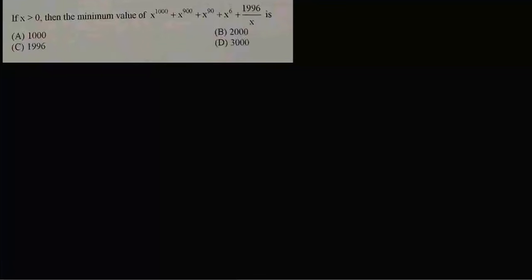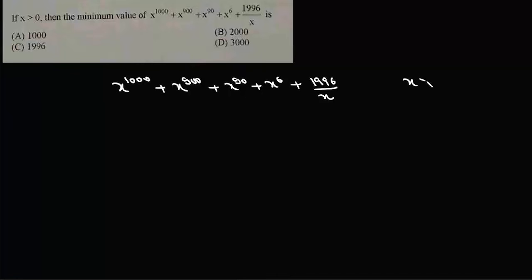Now the question is, if x is greater than 0, then the minimum value of x to the power 1000 plus x to the power 900 plus x to the power 90 plus x to the power 6 plus 1996 upon x is. Now we have the sum of positive numbers.